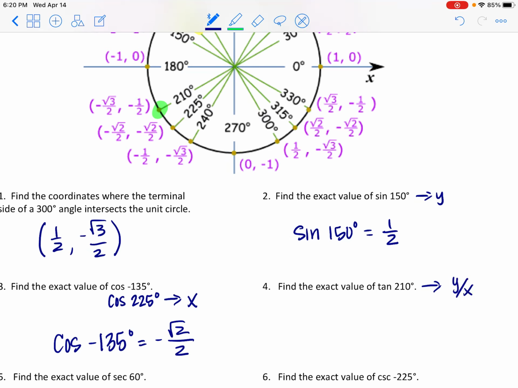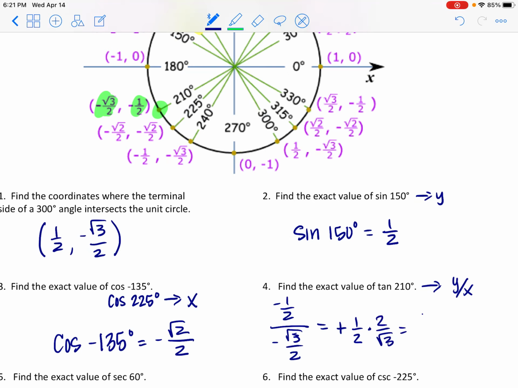So in this case, in 210, we take this y value and divide it by this x value. So we take a negative 1/2 and divide it by negative radical 3 over 2. That's precisely what we did on the other side of the notes, but negative divided by negative is going to make this a positive. And when I take a half and divide it by radical 3 over 2, that's the same as multiplying it by 2 over radical 3.